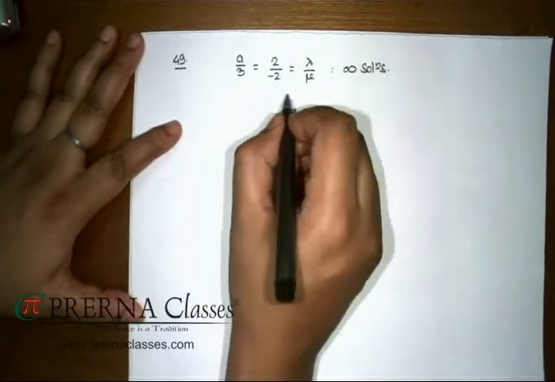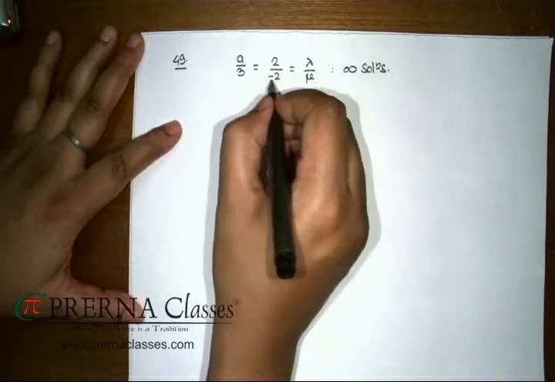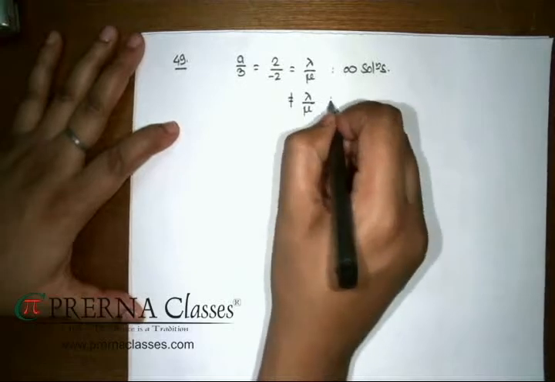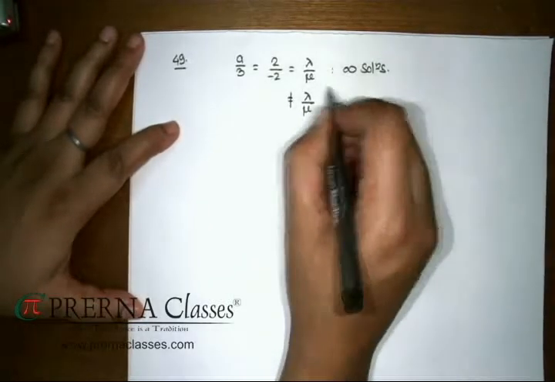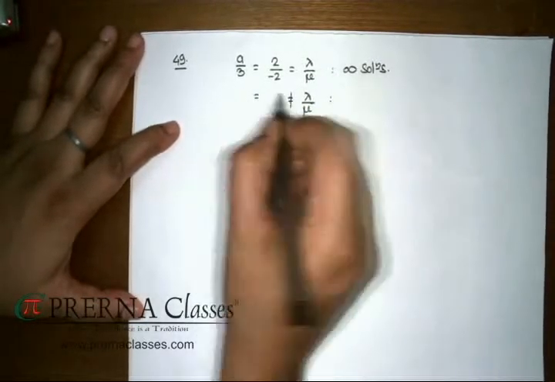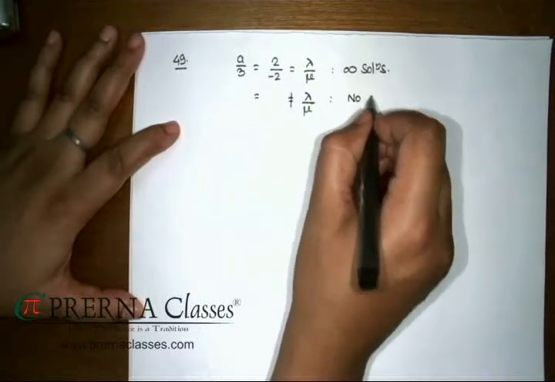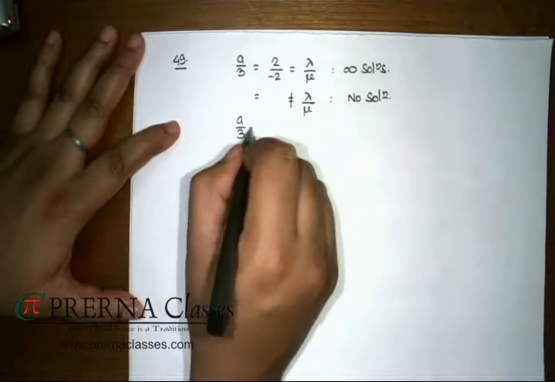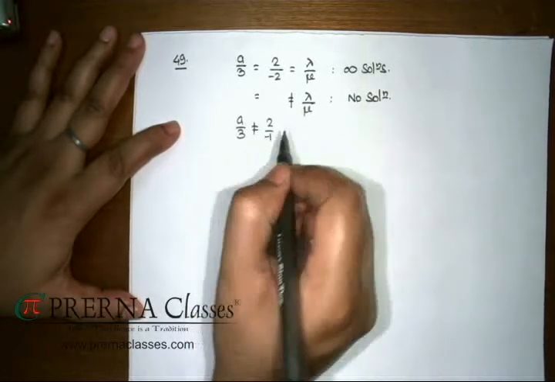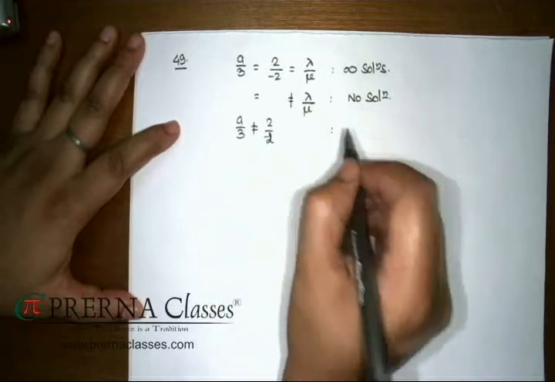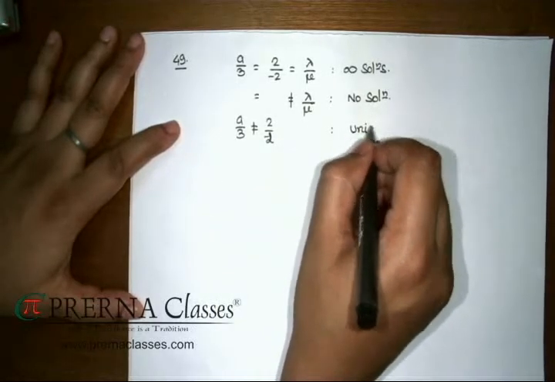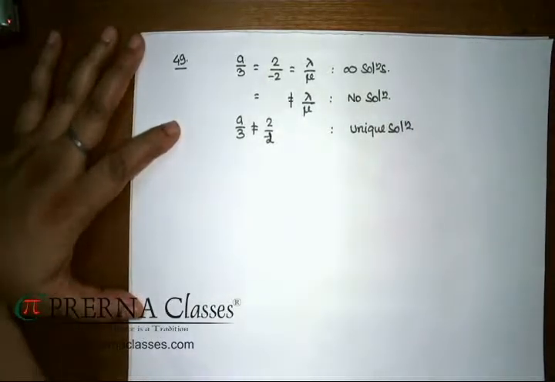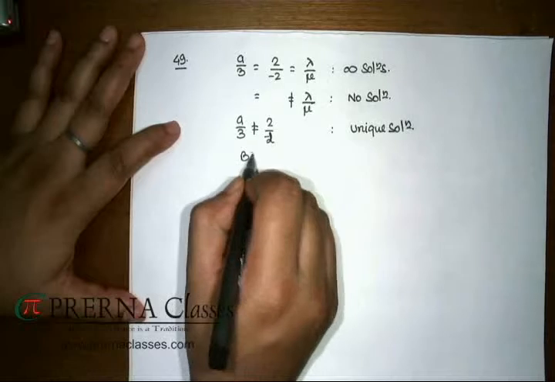But if I make sure that slopes are the same but intercepts are not the same, the constant terms are not in proportion, then you can check they are precisely parallel, so you will have no solution. But if I make sure that they are not parallel, clearly then this case is going to correspond to a unique solution. Simplifying all these relations, you can check there are three options which are correct, that is B, C and D.